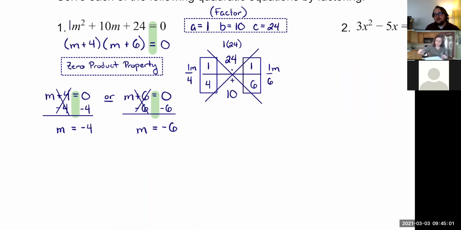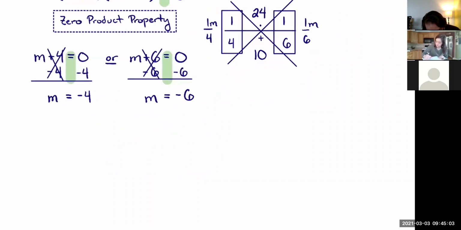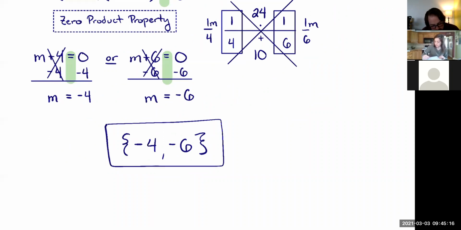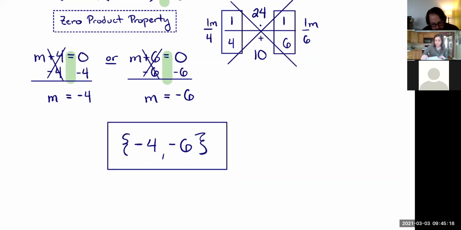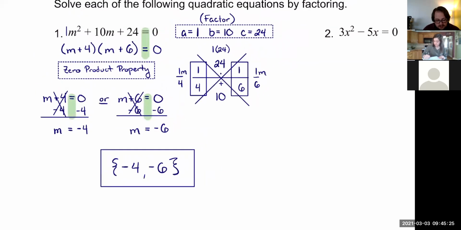Not an ordered pair, a set. So if I was to write this out, I would list negative 4 with negative 6, but I'd wrap it with braces instead of parentheses, because parentheses would make me think, oh, that's an ordered pair. Where's the point? Negative 4, negative 6. No, we're not talking ordered pairs. We're talking solutions.